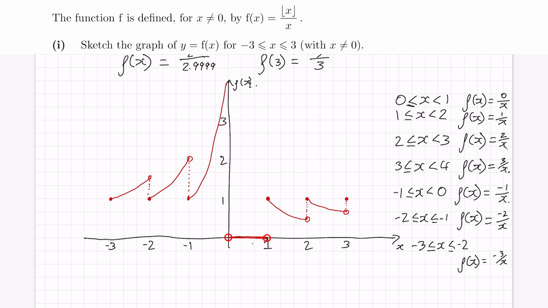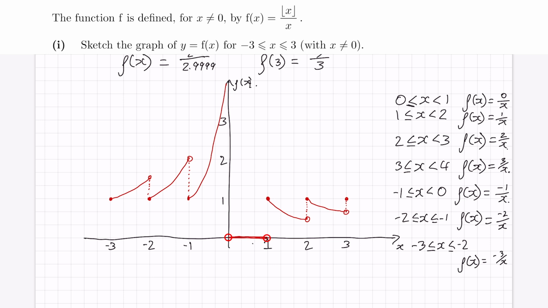Between -2 and -1, it goes from 1 to 2. And then -3 to -2, it goes from 1 to 3 over 2. And I can imagine that the next one, -4, will go from 1 to 4/3. So it will go less far up. Okay, that's interesting. Weird graph. Okay, cool, so that's part 1 done.